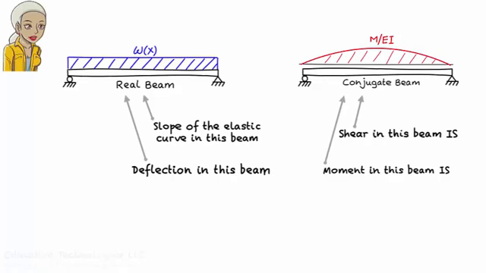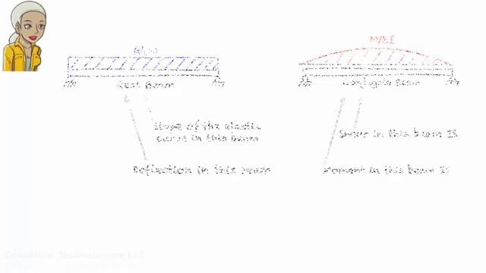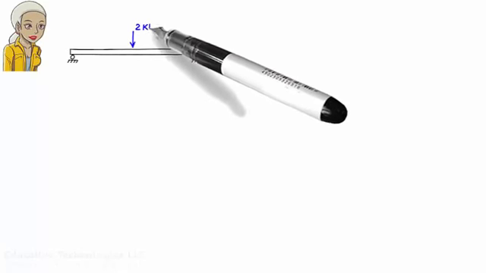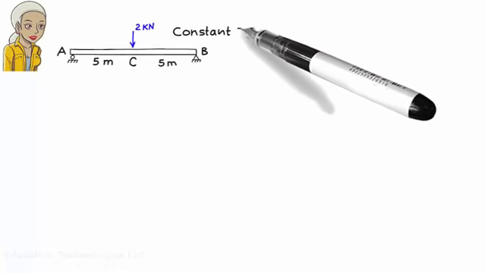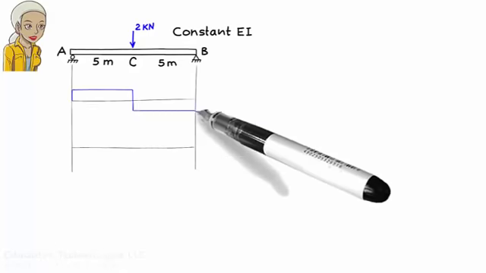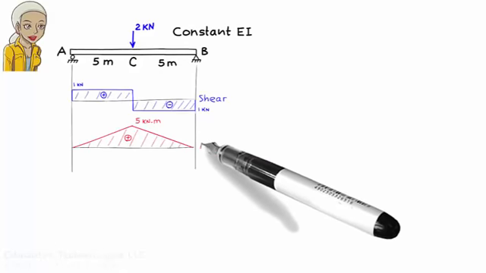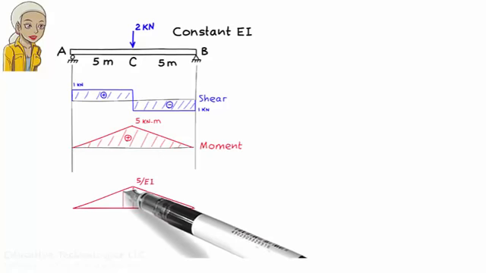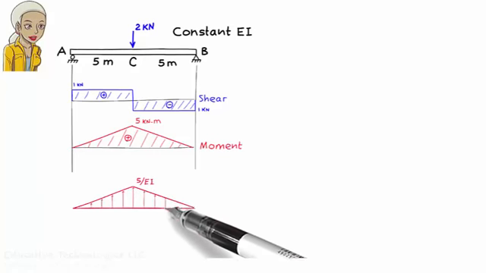Here is a quick overview of these steps. Suppose we wish to determine this beam's deflection under the applied concentrated load at point C. The beam has a constant EI. We start by drawing the beam's moment diagram. Divide the moment diagram by EI, forming the M over EI diagram. Now, draw what is called the conjugate beam.